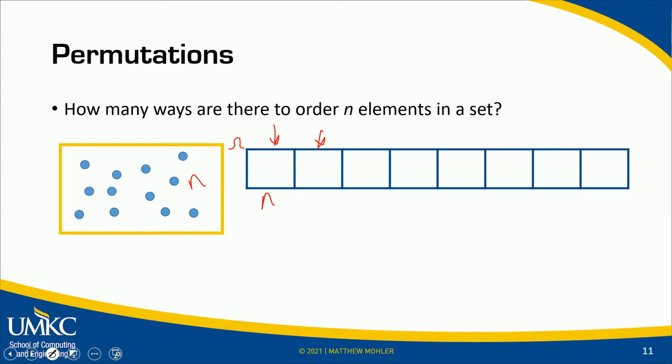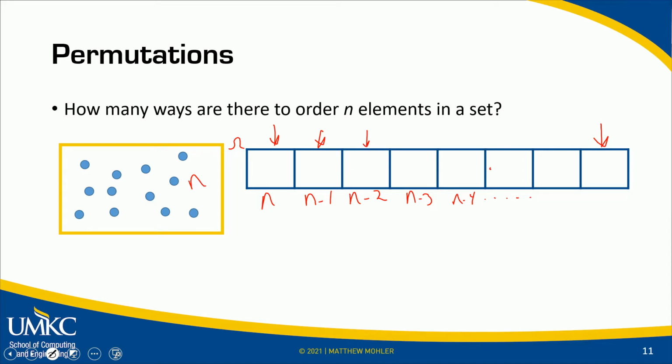Well, I've removed one in the first stage. So now I have n minus 1. When I make it to the third stage, I'm going to have n minus 2, then n minus 3, n minus 4, so on and so forth, all the way down until I make it to my very last stage.